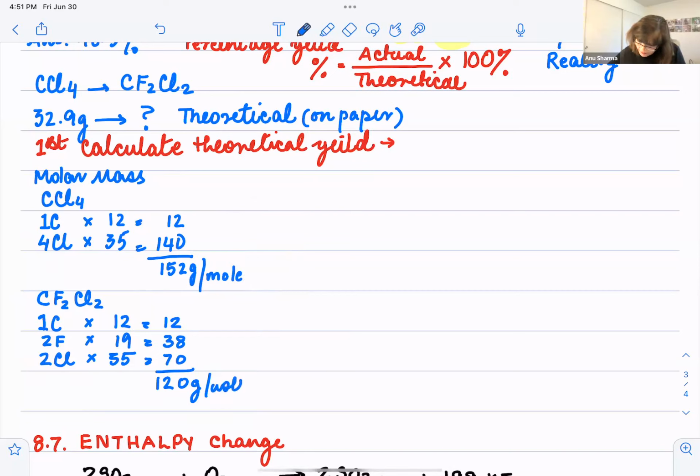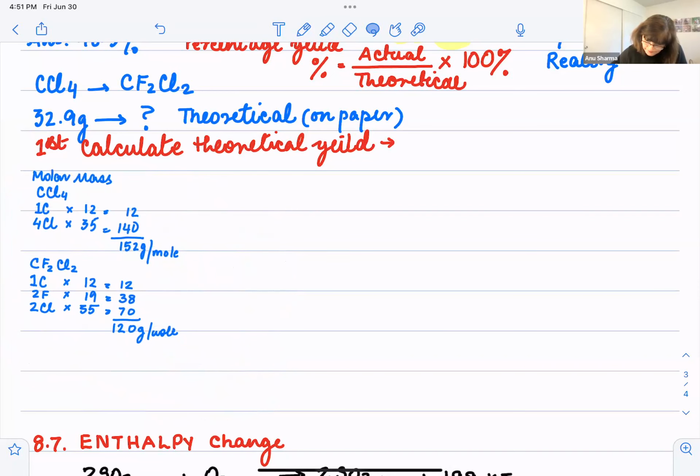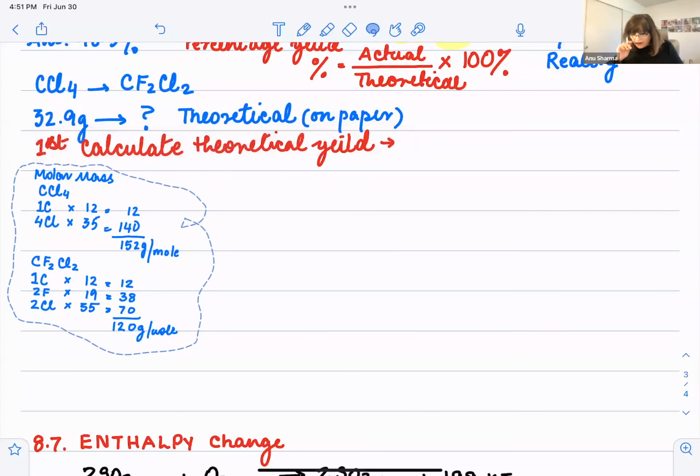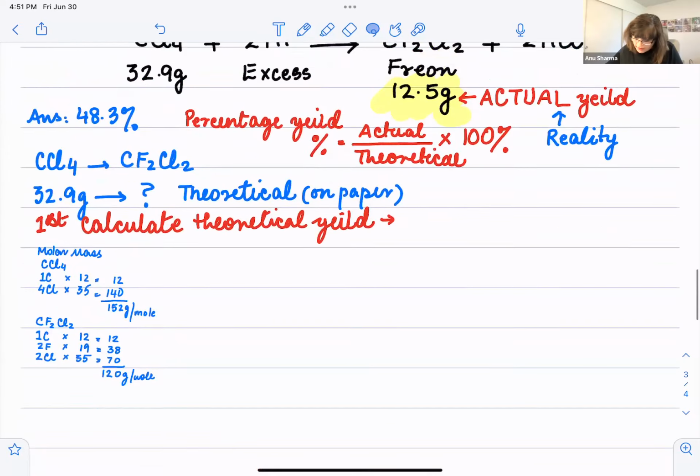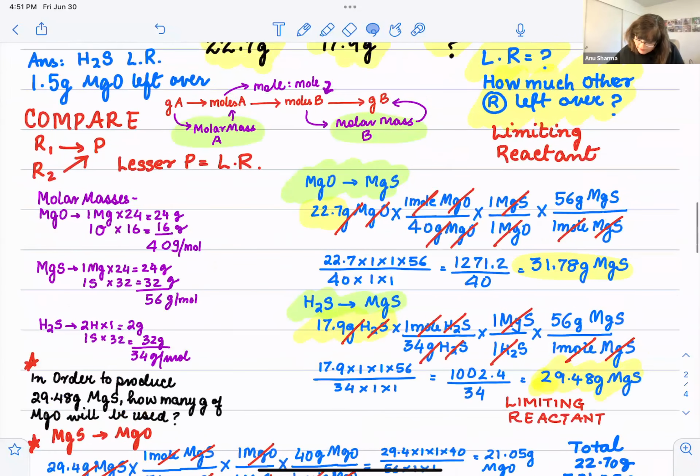Okay, I'm going to just bring in the same scheme.